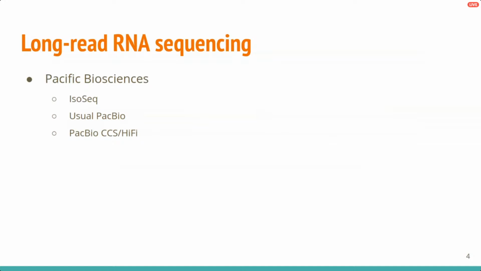Long-read RNA sequencing is not very different from long-read DNA sequencing, except DNA long reads have been used already for almost 10 years, maybe a bit less. RNA long-read sequencing appeared rather recently, maybe 3 years ago or so. Of course, we have PacBio as a pioneer of long-read sequencing there.